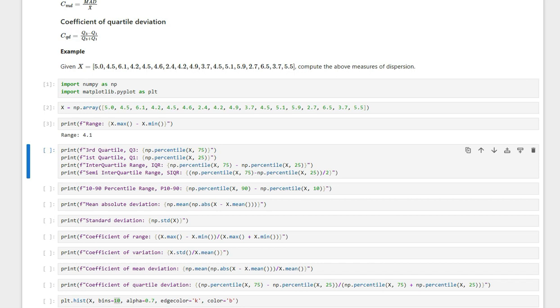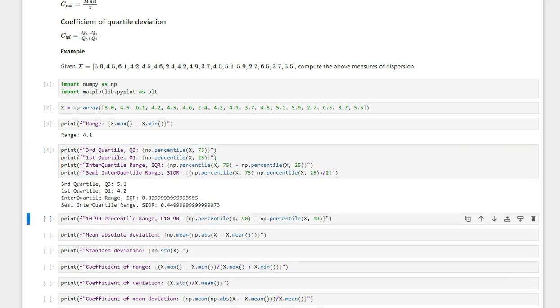Then we'll take the difference between the third quartile and the first quartile. That will give us the interquartile range. And for the semi-interquartile range, we'll divide the interquartile range by 2. If we run this cell, we'll have our semi-interquartile range for this data set, which is 0.449 or 0.45.